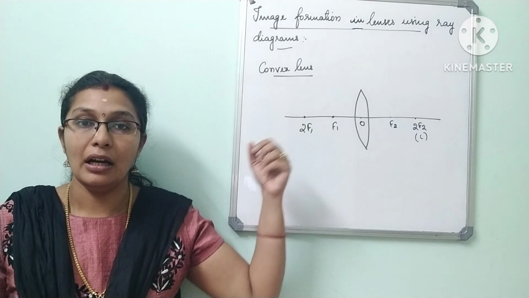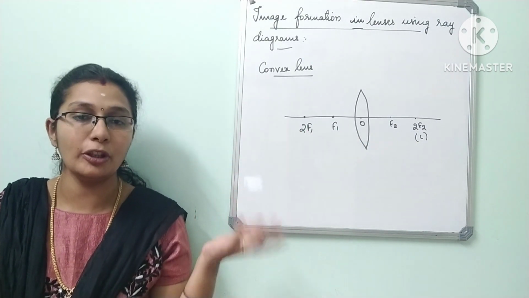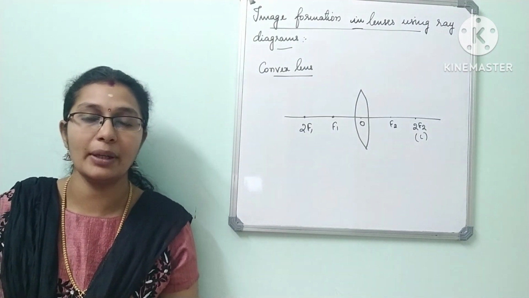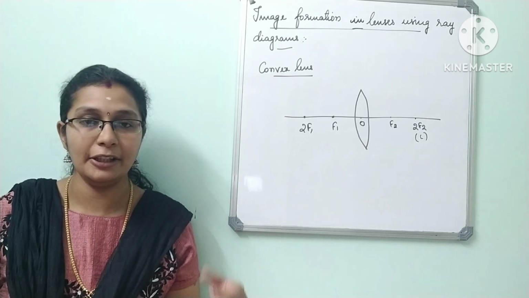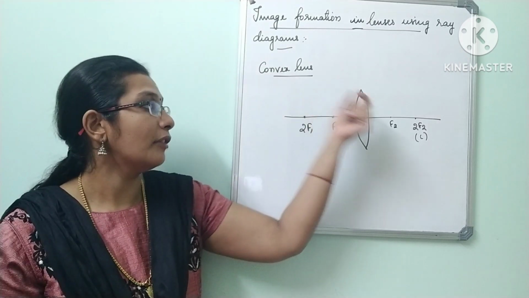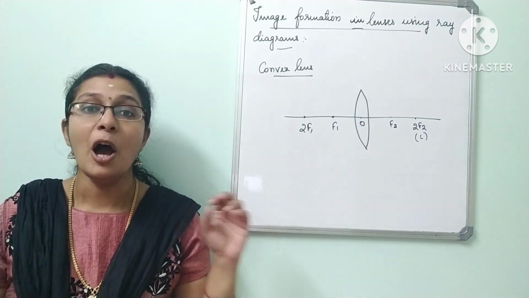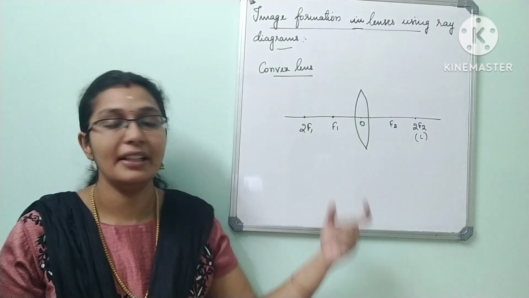So before drawing this, let us plot what all we know: the important terms related to convex lens as well as concave lenses. In the previous session we saw the important terms related to lenses, and that is how I named this. Here I have drawn a convex lens, and the center of the convex lens is nothing but the optic center. We call it the pole in the case of a mirror; here we call it the optic center.